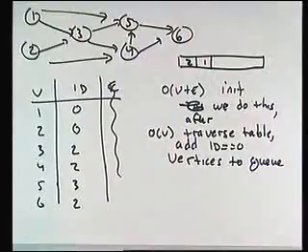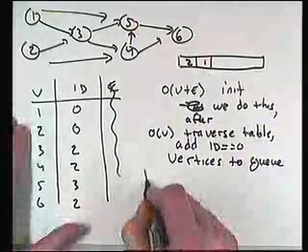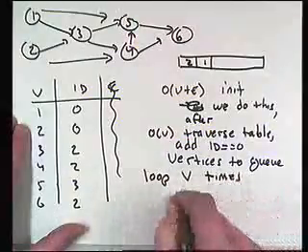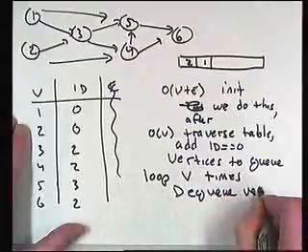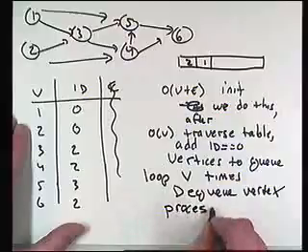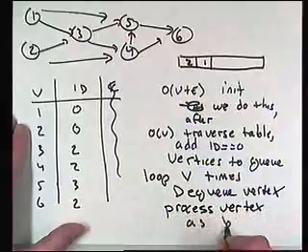So what we have now is a table of in degrees for these vertices, and a queue of all the vertices that have in degree 0. And now at each step, we'll simply dequeue a vertex, and we will process the vertex as before.